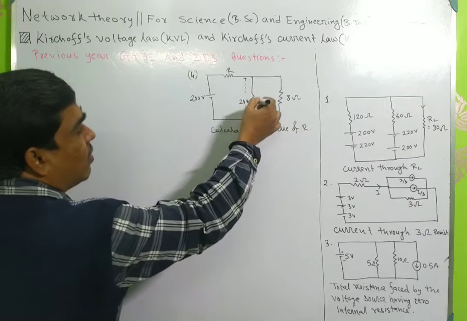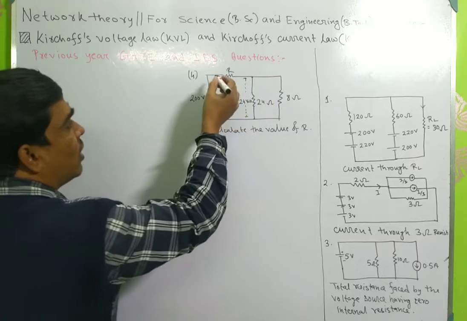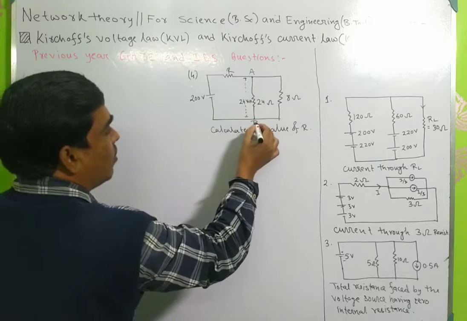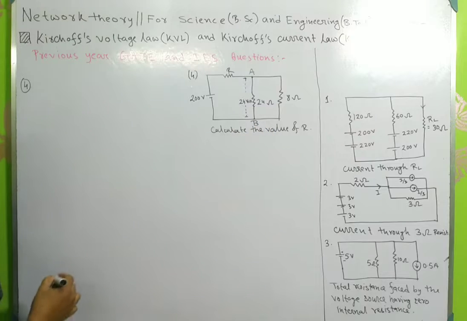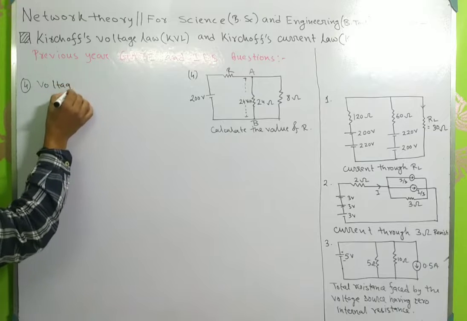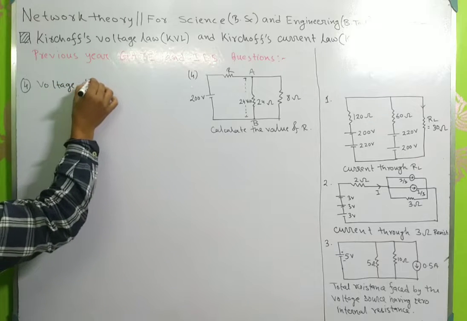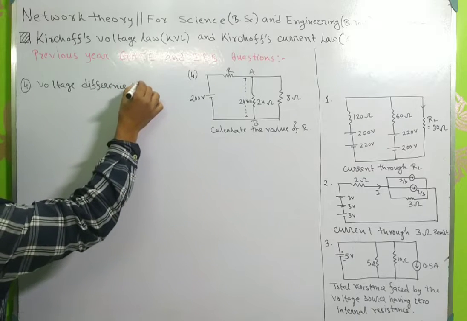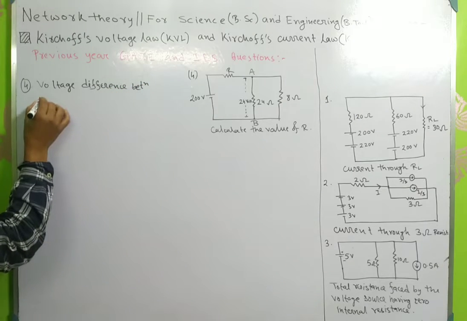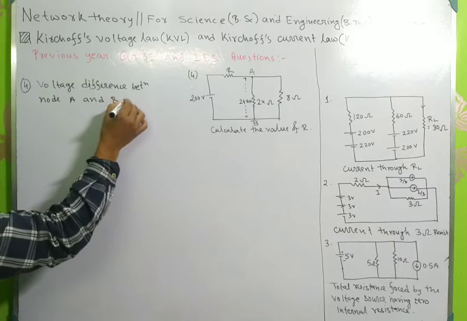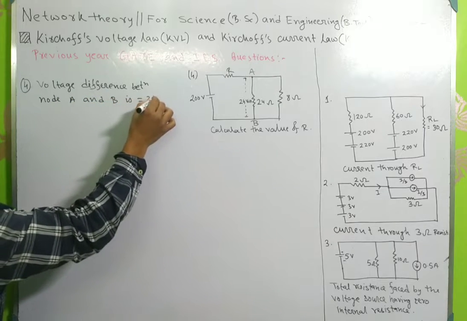Now, suppose this is a node A, okay, and this is a node B. So the voltage difference between node A and B is 24 volt.